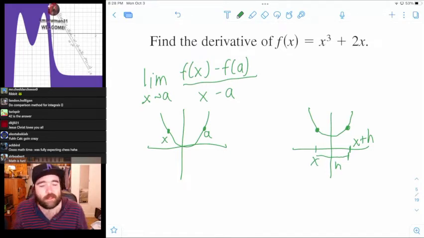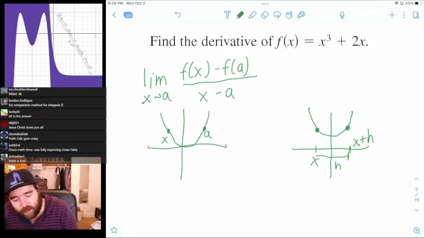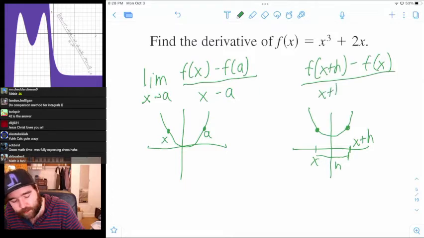So now we do the exact same thing, but instead of f of x and f of a, we have f of x plus h minus f of x over x plus h minus x.